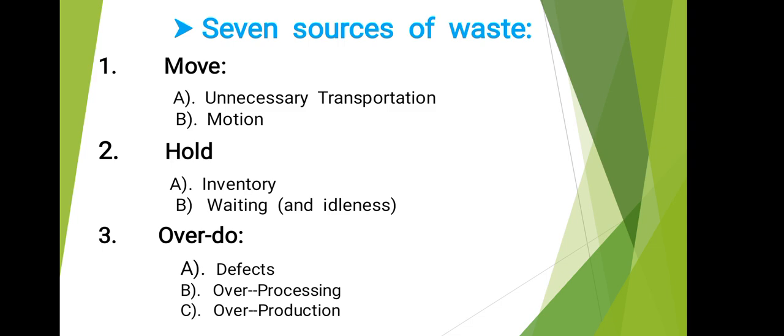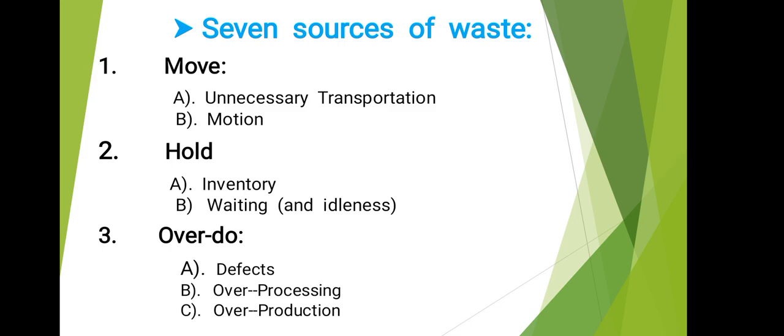Overdue includes defects or processing or production. Defects are the major point to be highlighted, because if the product we prepare is defective, customer satisfaction is zero, and our goal is the satisfaction of the customer.